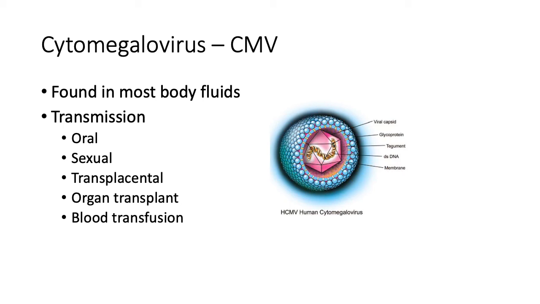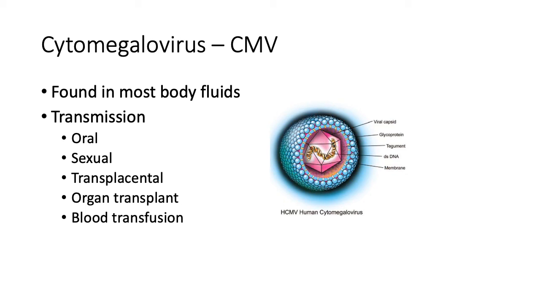CMV is found in body fluids including urine, saliva, breast milk, blood, tears, semen, and vaginal fluids. Transmission of the virus can occur through contact with saliva or through sexual contact or transplacental transmission.